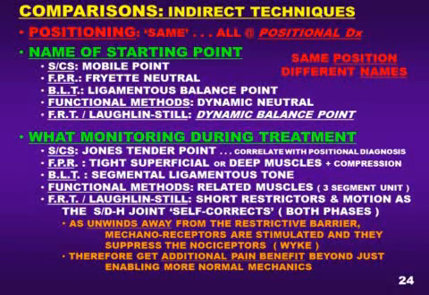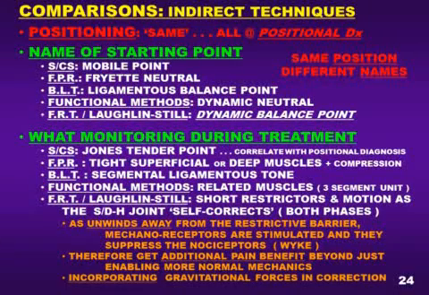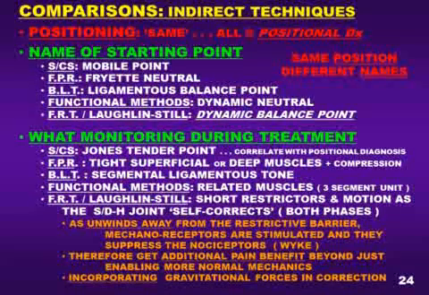So I think you get an additional bang for your buck in that not only do you reestablish normal mechanics, but you may also be playing a big role in inhibiting pain, in addition to just restoring the normal mechanics. And the other thing is, many people have stressed to me, they think one of the benefits of these techniques is you're treating the patient in the sitting position, using gravitational forces, where basically all the other indirect techniques are utilized with the patient either in the prone or the supine position.